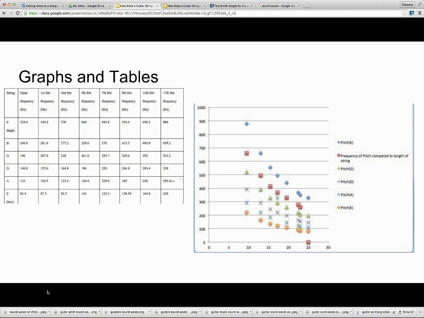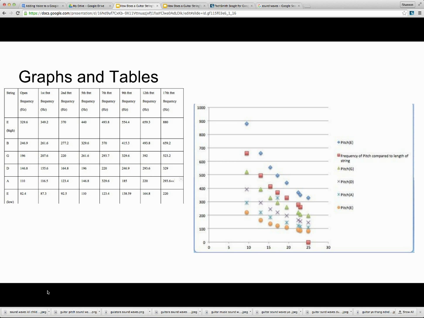The low E string had a lower frequency. So this shows that when you get to the higher frets, the frequency gets higher, but as you know from the lengths, as you get to higher frets, the length gets shorter. So when the length gets shorter, the frequency got higher.